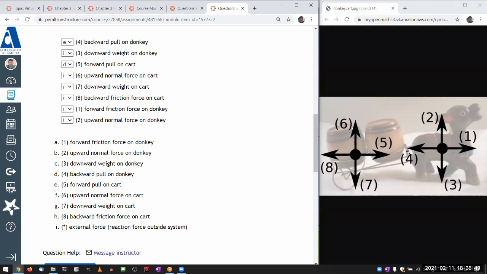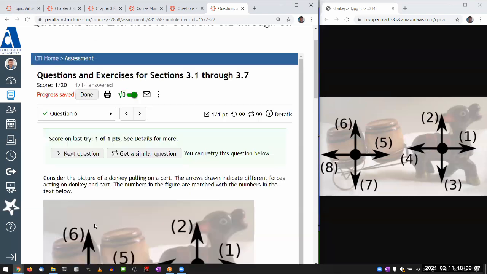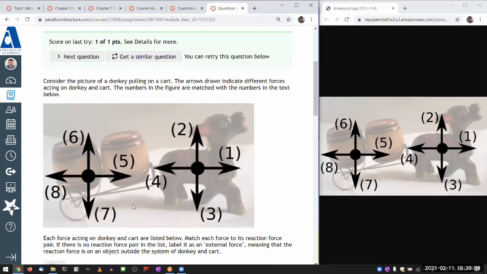So this holding back is the action force, and the reaction force to that is the donkey pulling the cart forward. The reason you can flip this around is that the action-reaction relationship is not a cause and effect. It's two sides of a simultaneous coin.